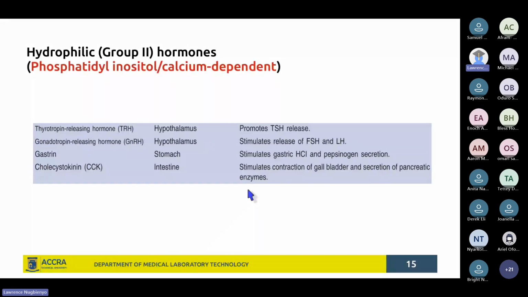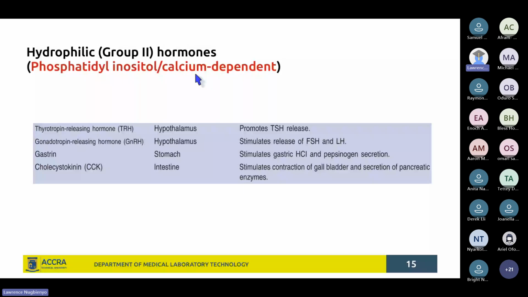Now, this second subgroup is using phosphatidylinositol and calcium as the second messenger group. So the two of them act together. The phosphatidylinositol and the calcium act together in the biochemical response process.